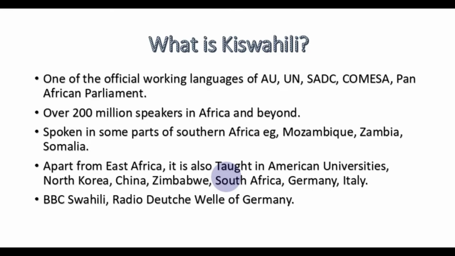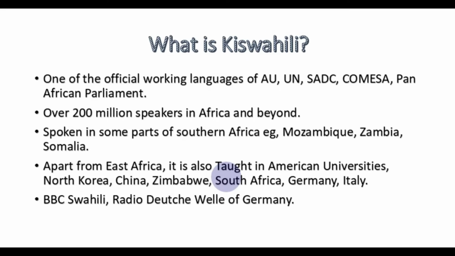The language is also spoken in some regions of Africa besides the East African region. You can also find it in the southern region, for instance, in countries such as Mozambique, Zambia, Somalia, and some parts of Madagascar as well.